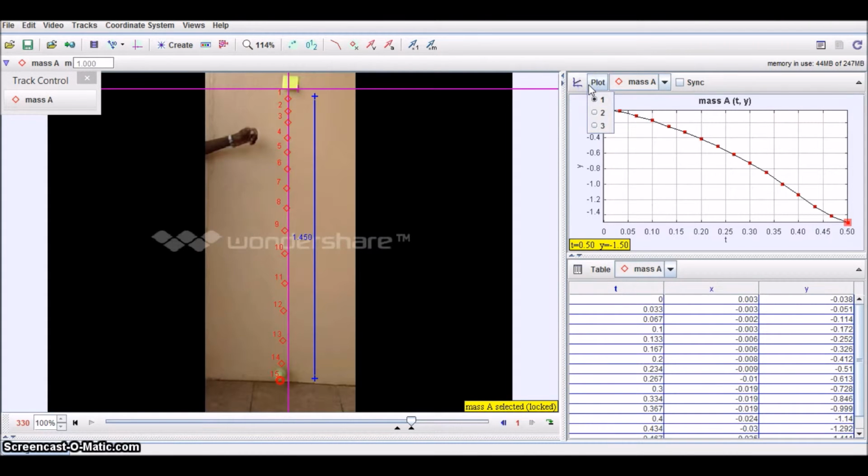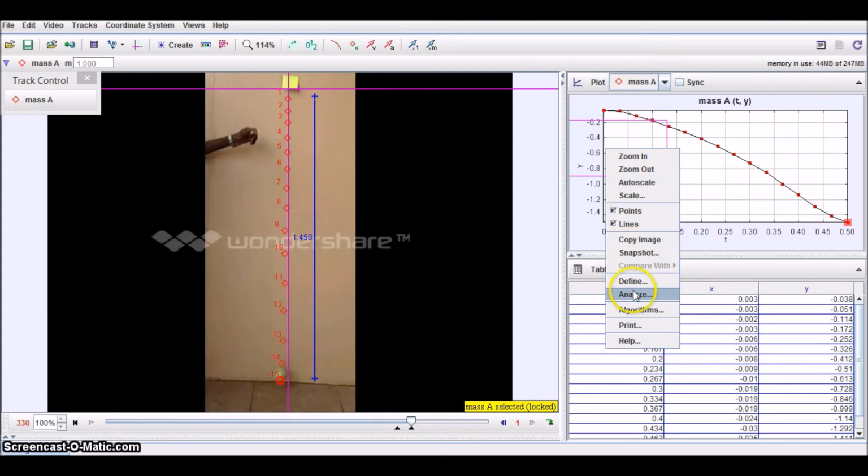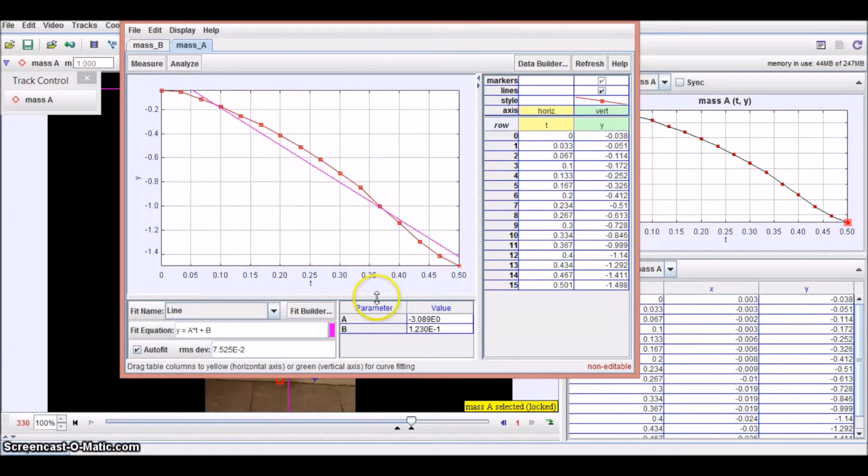So further analysis of the graph indicates that the slope is negative because the actual gradient is negative 3.089, which is obviously incorrect.